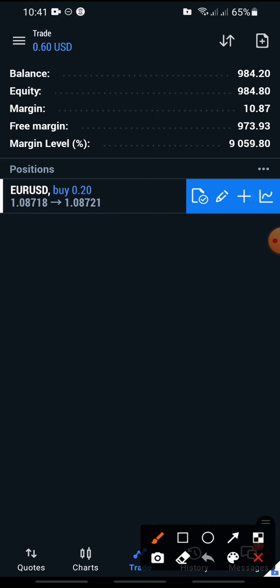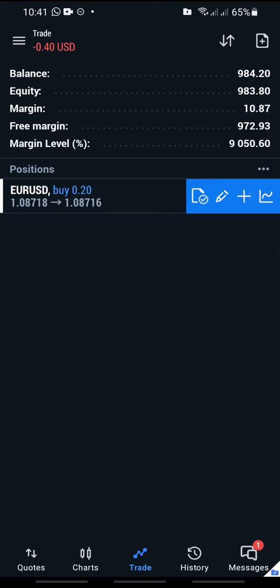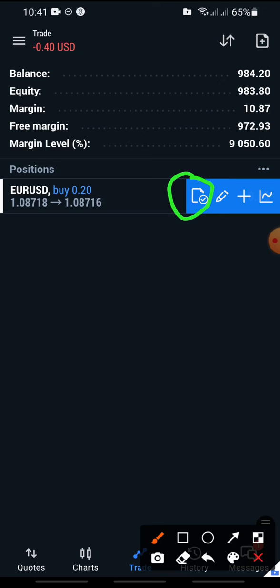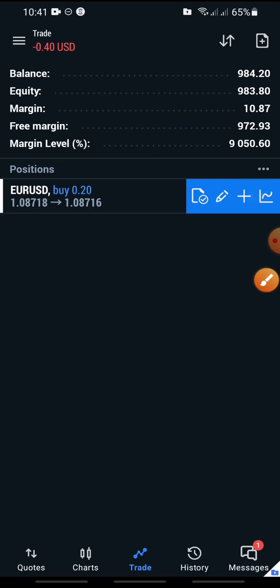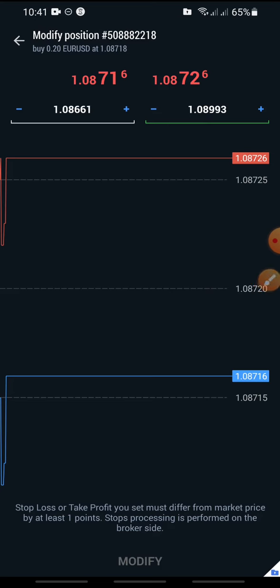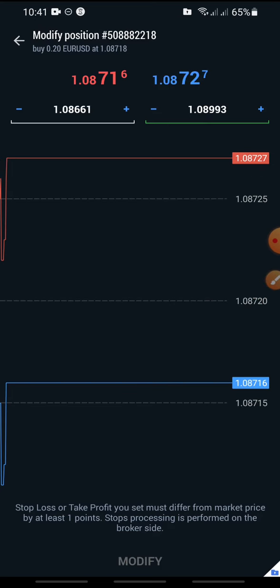This pen here is for modification, and this other button here is for closing your trades. So for this I would modify, and we can change the numbers depending on whatever we have in mind. So that's that for stop loss and take profit.